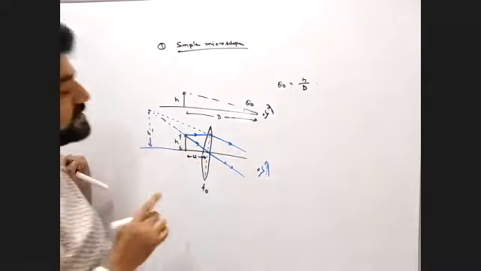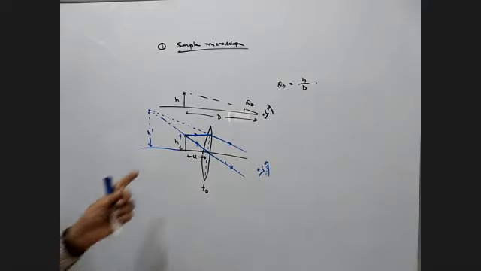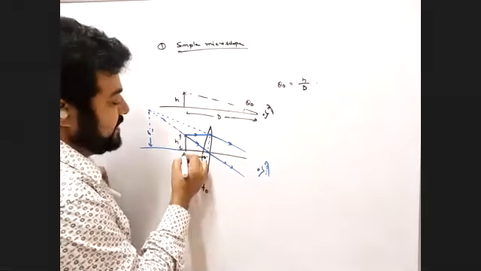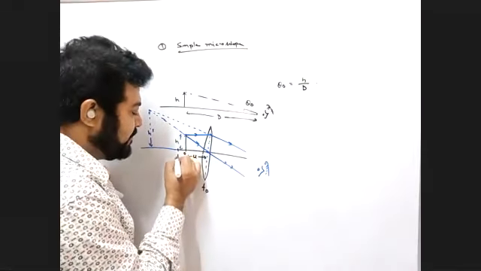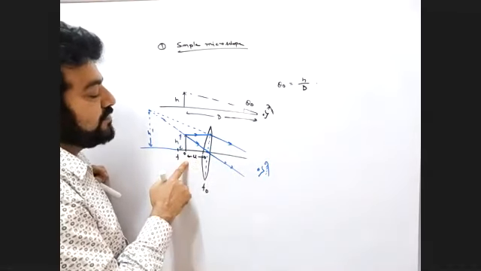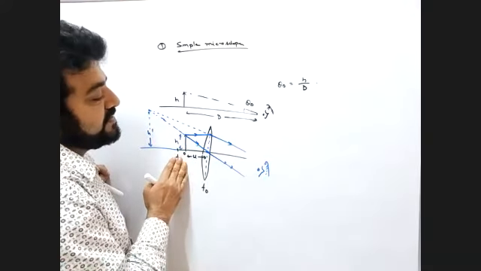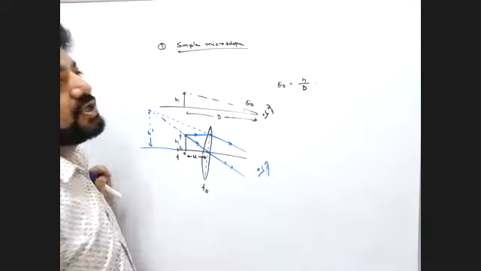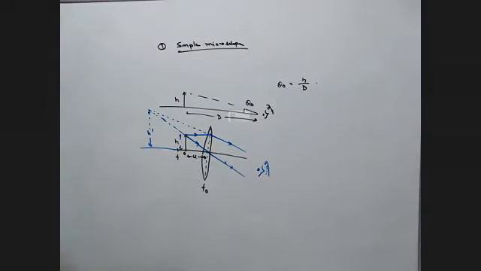u. The condition for this is that my object must be within focus, because if it is not within focus then the object will form an image on this side, so you can't see the object. First of all, you see the object inverted.